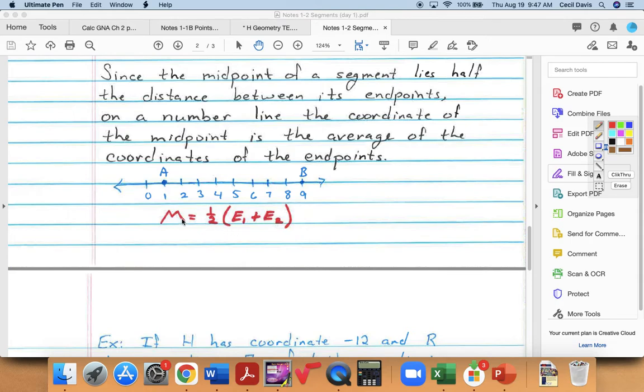So the midpoint is equal to the average of the two endpoints, or half of endpoint 1 plus endpoint 2. So, in this example, the midpoint of segment AB is going to be equal to half of 1 plus 9. So that's half of 10, which is 5.